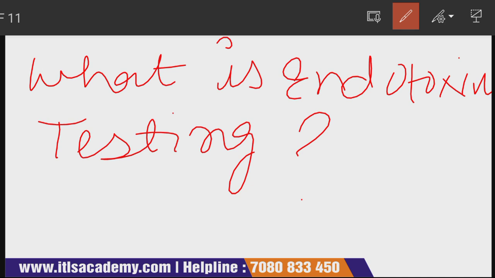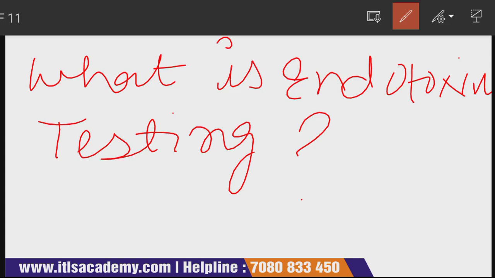The answer is that endotoxin testing, or the bacterial endotoxin test, is an in vitro assay, performed in the laboratory, used to detect bacterial endotoxin. It can be accomplished through several methods such as Limulus Amoebocyte Lysate, that is LAL, that we have just studied.